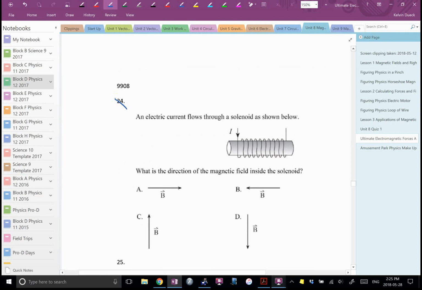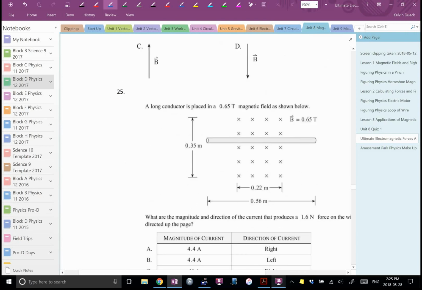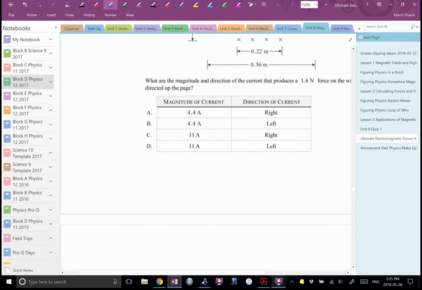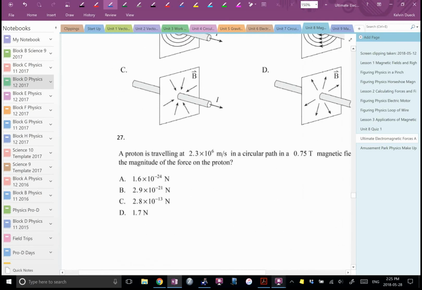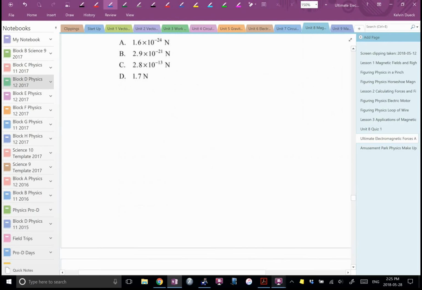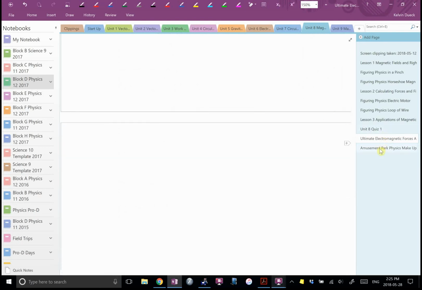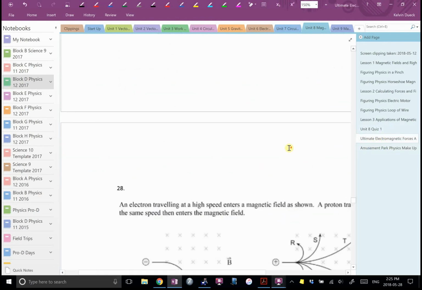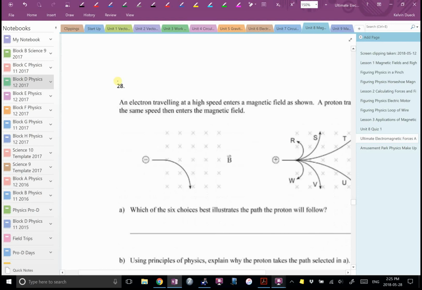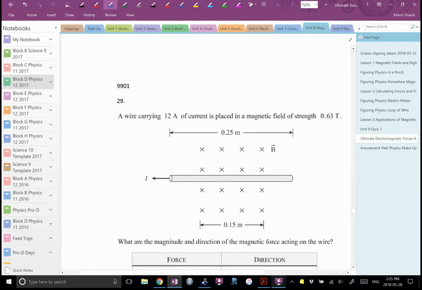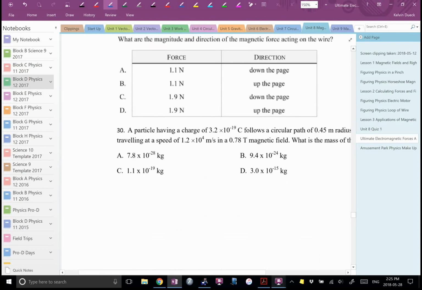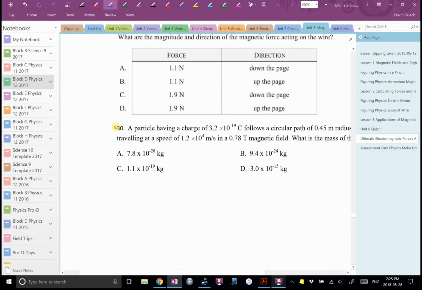Cross out 24. 25 is good. 26 is good. 27 is good. 28 is good. 29. 30.